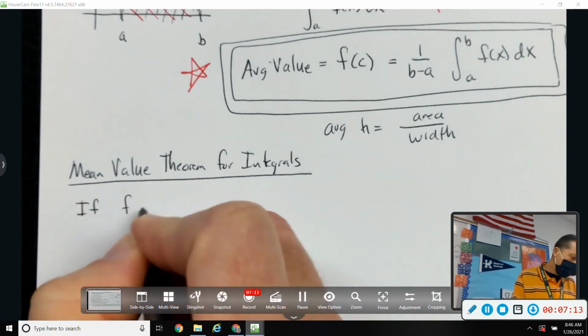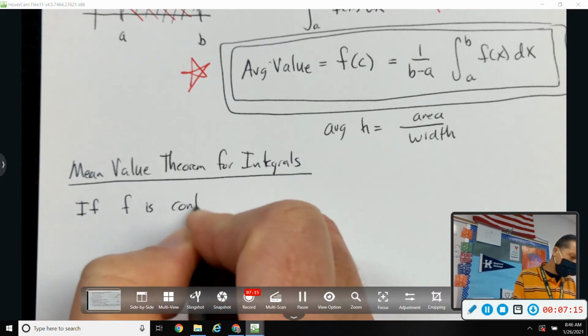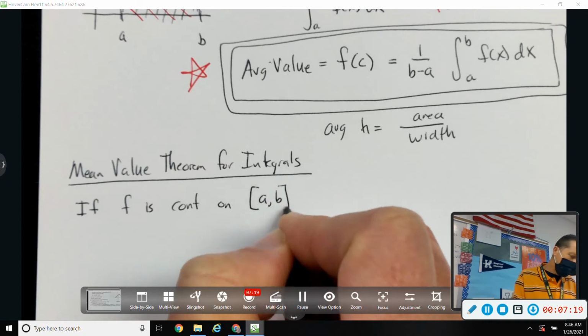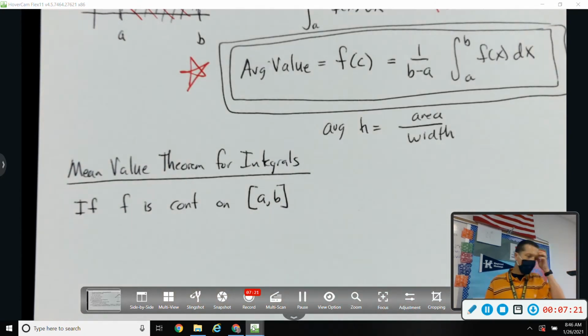If f is continuous on A to B, again, continuity prevents things from jumping around or getting crazy.